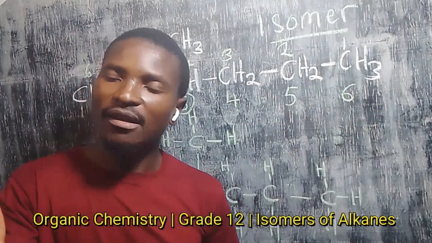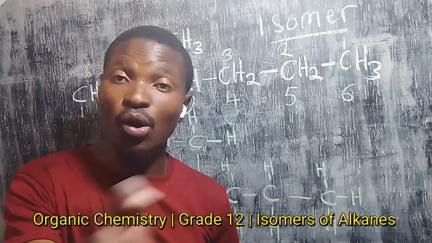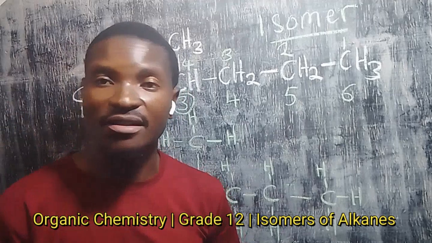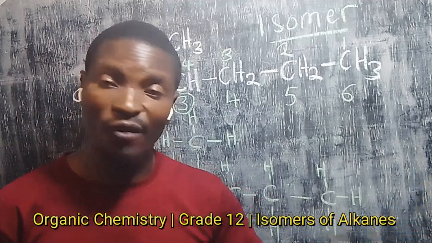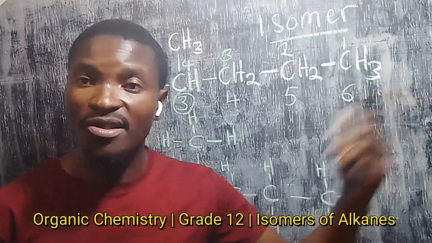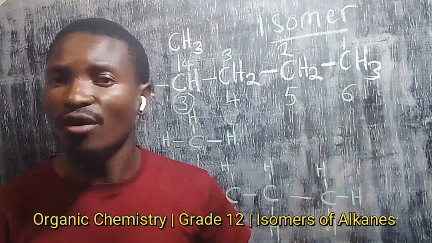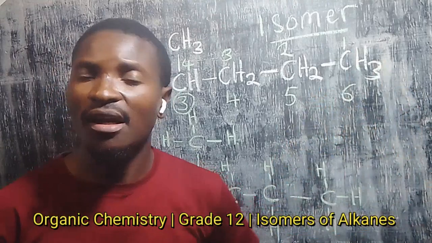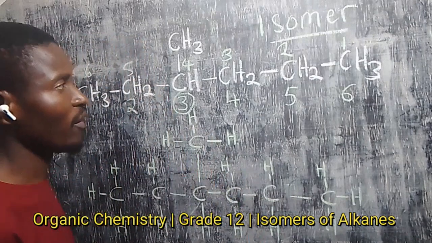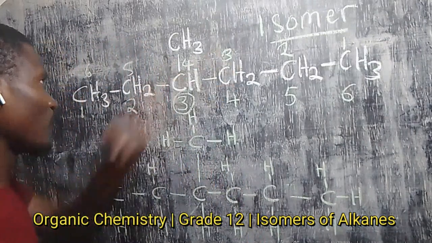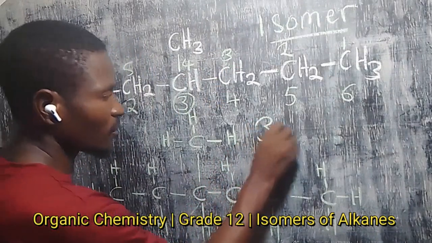So we have to choose the numbering which is shorter or closer. 3 obviously is closer as compared to 4, so we go for the shortest position. The shortest position at which the branching is occurring is carbon number 3. So that becomes part of the name of the isomer. So this is going to be 3, then you put the dash.